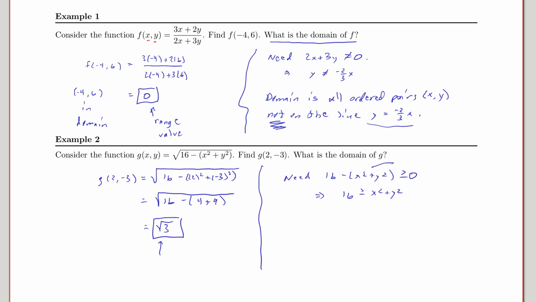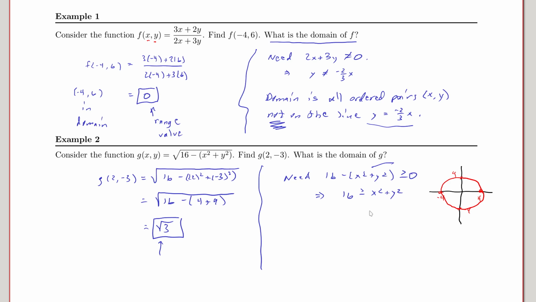And you may recognize this as a circle of radius 4. If I say circle of radius 4, that's what it is, regardless of how it turned out.